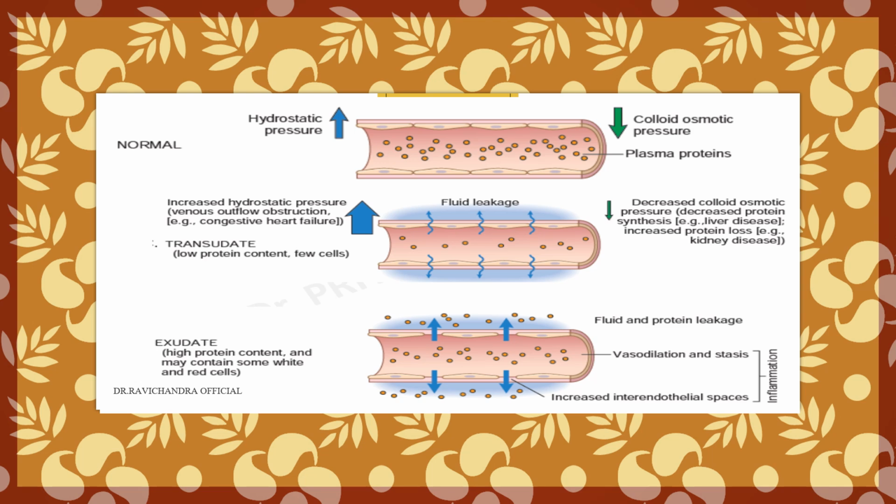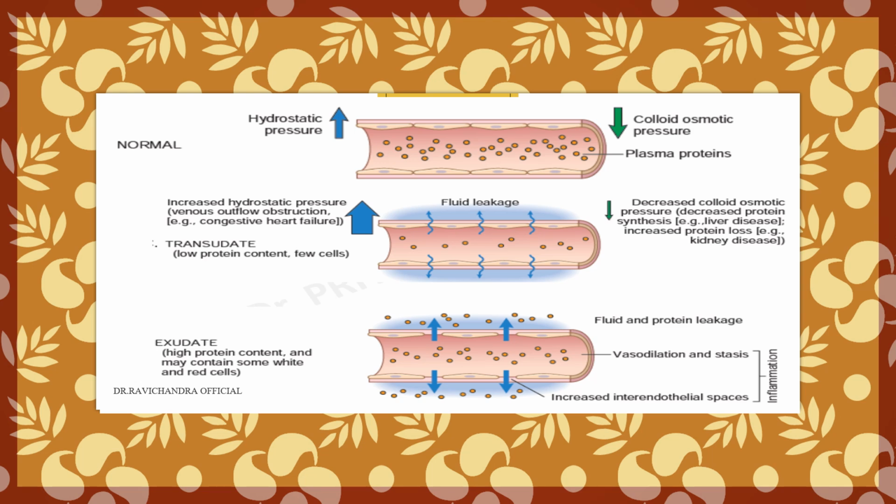proteinaceous fluid. Increased hydrostatic pressure because of the venous outflow obstruction, example congestive heart failure, and decreased colloid osmotic pressure because of decreased protein synthesis like in liver disease or increased protein loss like in kidney diseases results in formation of a proteinaceous fluid accumulation called transudate, which is very low in protein content and there will be very few cells.